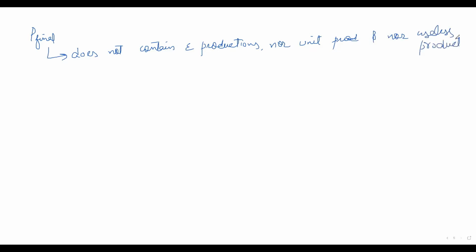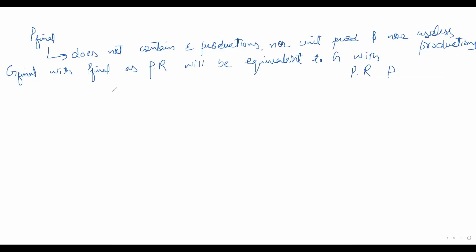And this final grammar containing these production rules, let's suppose our grammar is G final, with P final as production rules, will be equivalent to the original grammar G with production rules P. Equivalent means that the language generated by this G final will be the same as the language generated by G. And this G final will be a simplified grammar, and this is also called a reduced grammar.